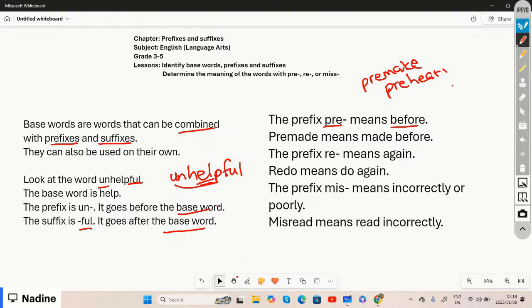And then we have re. And re means again. Re means again.